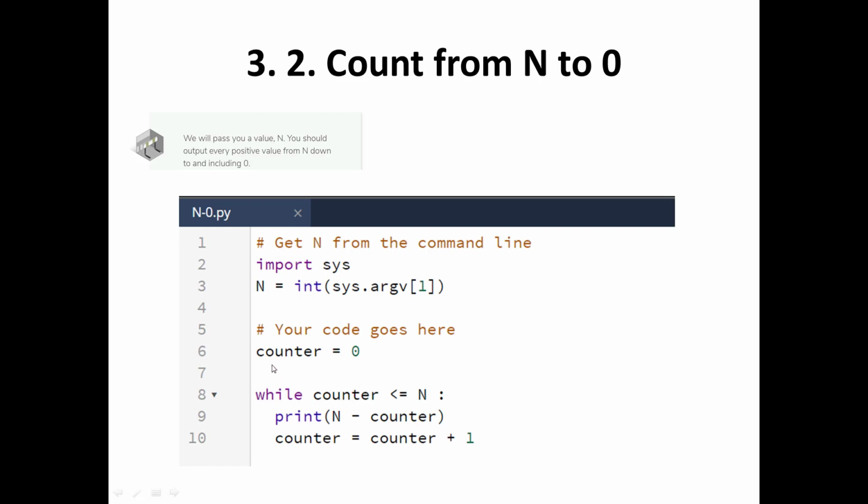We're starting our counter off at 0 because we want to count from n to 0. So while our counter is less than or equal to n, we're going to print n minus counter. First time through, it's just going to be simply n, right? Then we're going to increment our counter by 1.